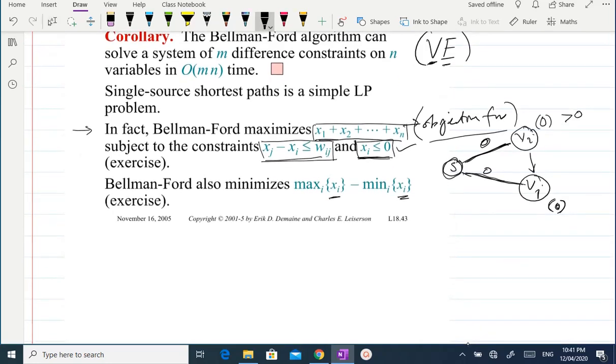So if you have x1, x2 and so on up till xn, the variable which has the highest value, which is h over here, and the variable with the lowest value over here, it will try to minimize the distance between these two variables. This is also a side effect of using this algorithm.